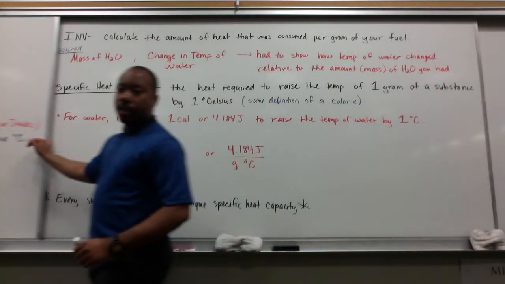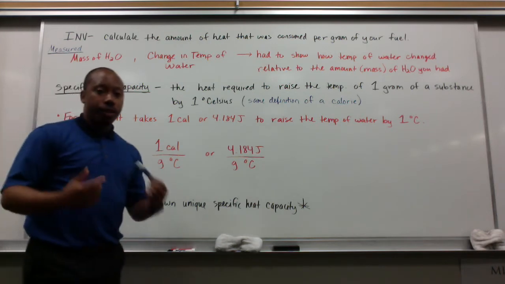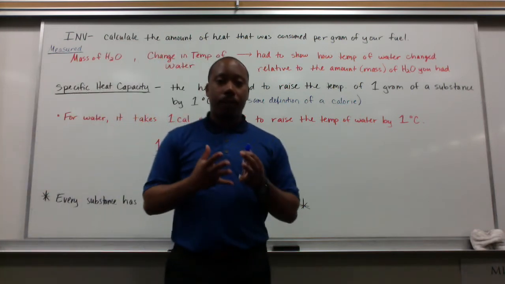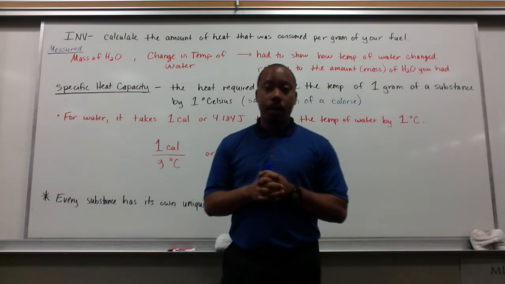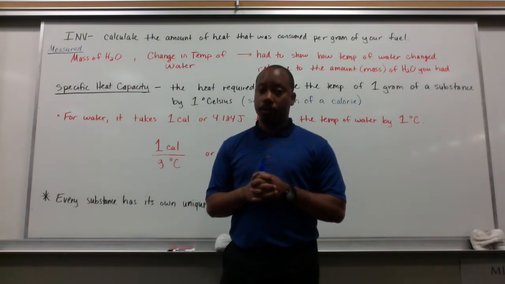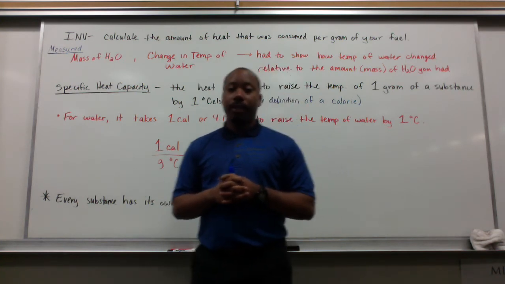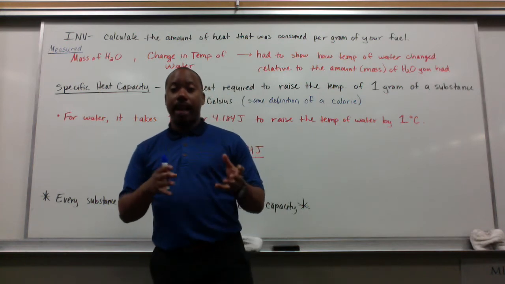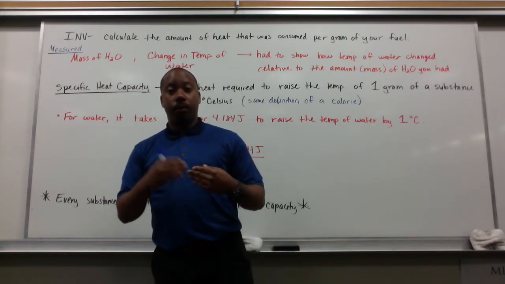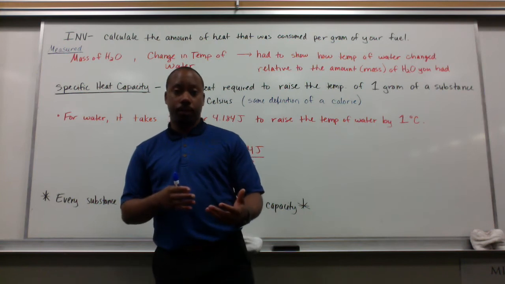Now, in your investigation, what you were to do was to calculate the amount of heat that was consumed per gram of your fuel. So calculate the amount of heat or the amount of energy that was consumed for every gram of the fuel you used.